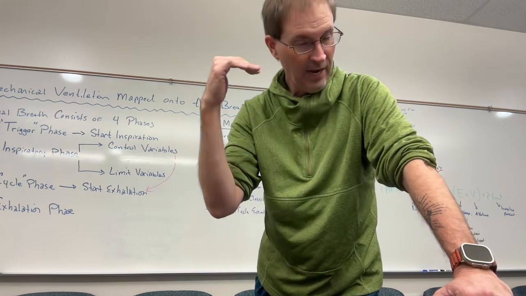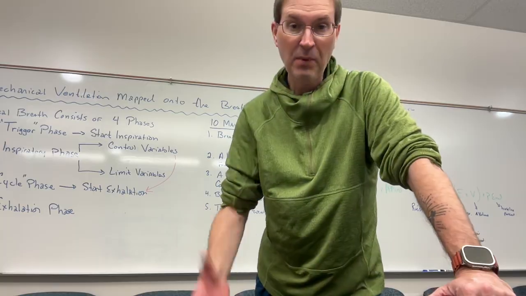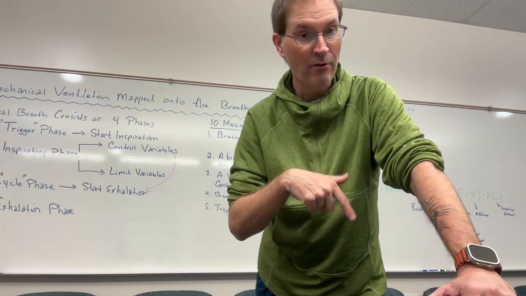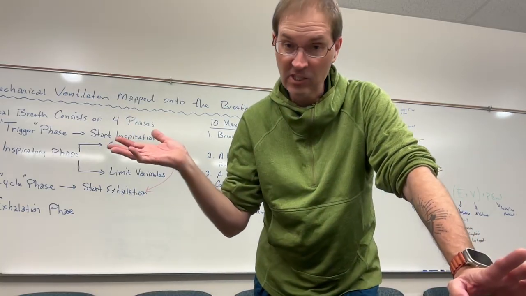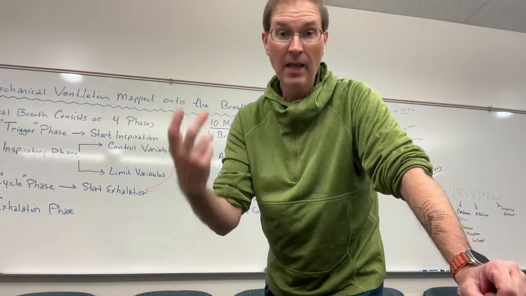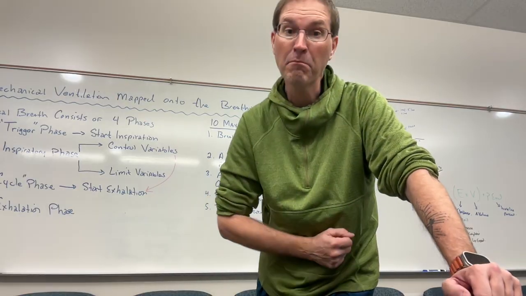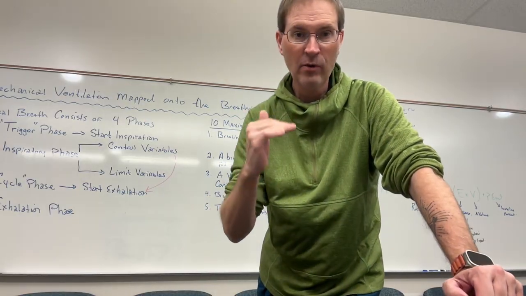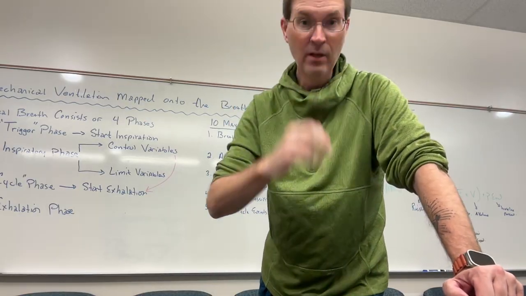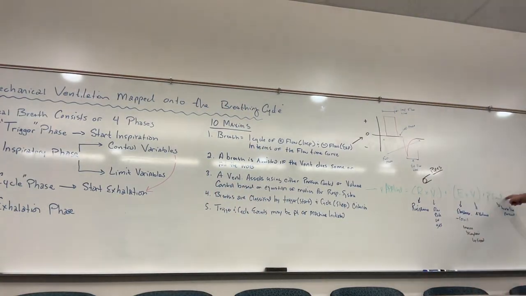It doesn't matter if you're inhaling or exhaling, it's pressure that's always there. In a spontaneously breathing patient without an artificial airway, we would call this CPAP, continuous positive airway pressure. But in a mechanically ventilated patient with an artificial airway in, we would call that PEEP. So it's pressure that's always there. That's your starting pressure, right? So if it's 5 of PEEP, you would add that in as your baseline.